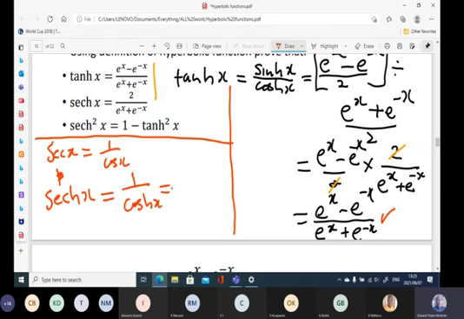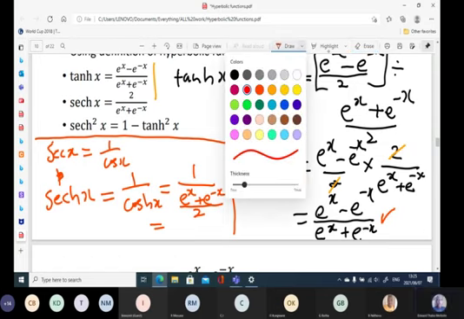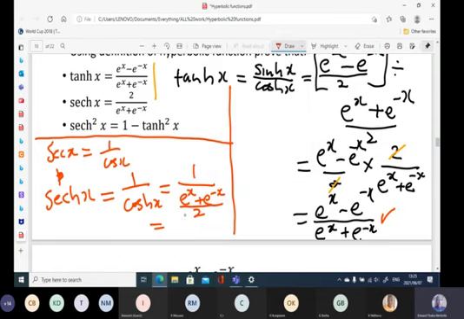And we know that this is 1 over e to the power x plus e to the power minus x all over 2. Simplifying this fraction, we end up with 2 over e to the power x plus e to the power minus x. And this gives you what you're looking for.